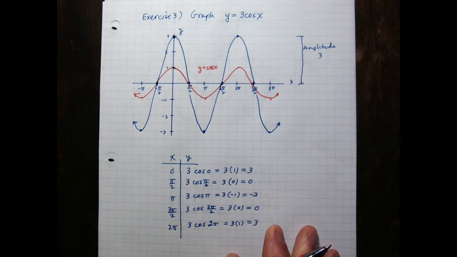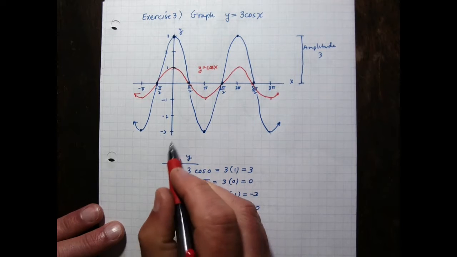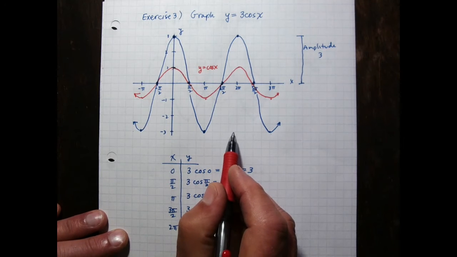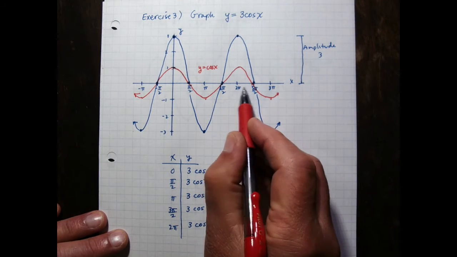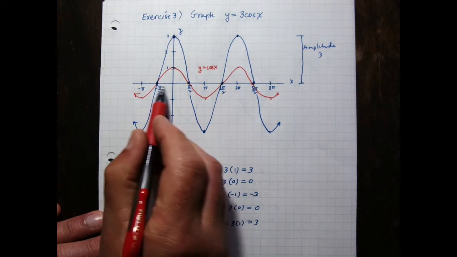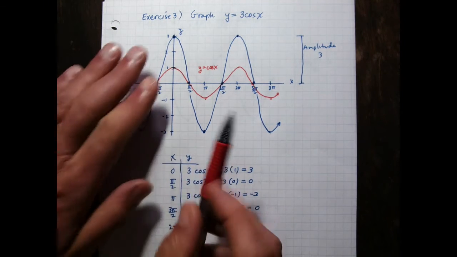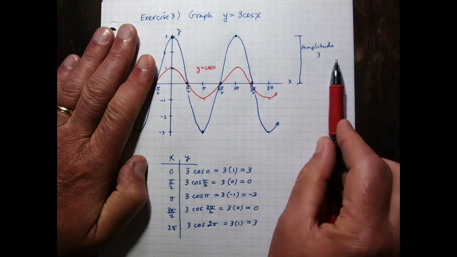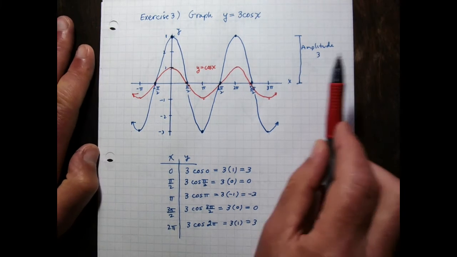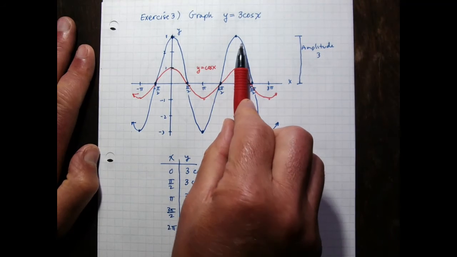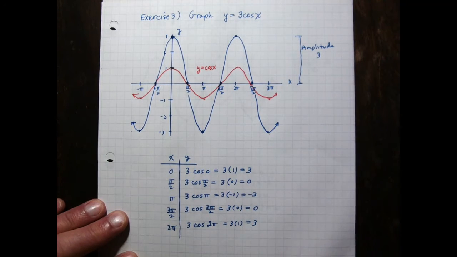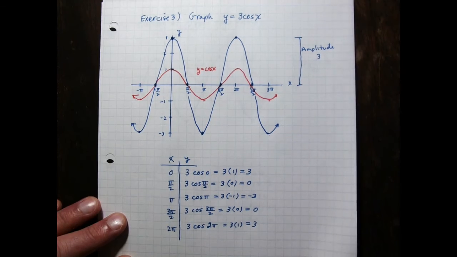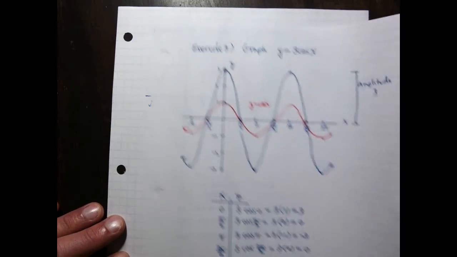So there's an example where, again, I've sketched what amounts to two full periods. One period is from 0 to 2 pi. In this picture, it's like I put half a period, pi more units, on one side, half a period on the other. You could go from 0 to 4 pi to get 2 full periods. You could also go from negative 2 pi to positive 2 pi to get 2 periods. So there are many ways to get 2 periods worth out of a graph. This is just one example.